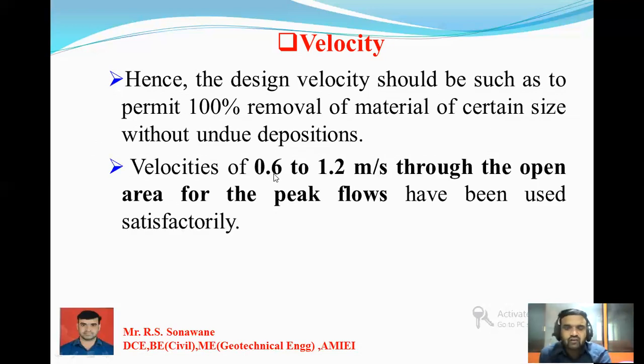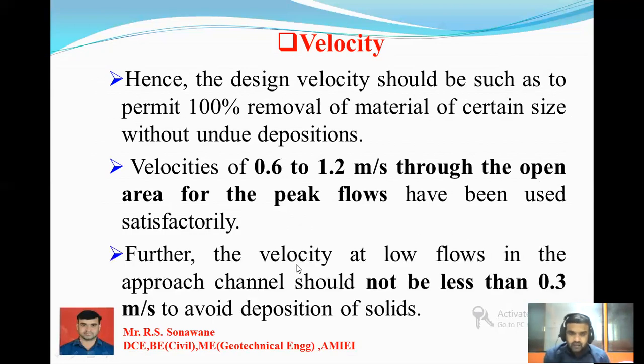The velocity in a chamber is generally considered 0.6 to 1.2 meters per second through the open area for the peak flow. If there is a peak flow, the velocity through the screen should be kept at 0.6 to 1.2 meters per second, giving satisfactory operation.